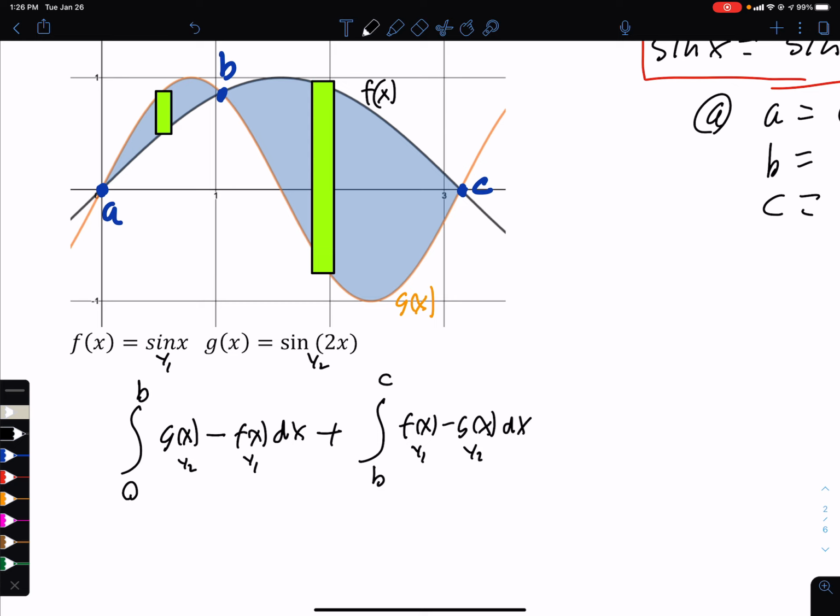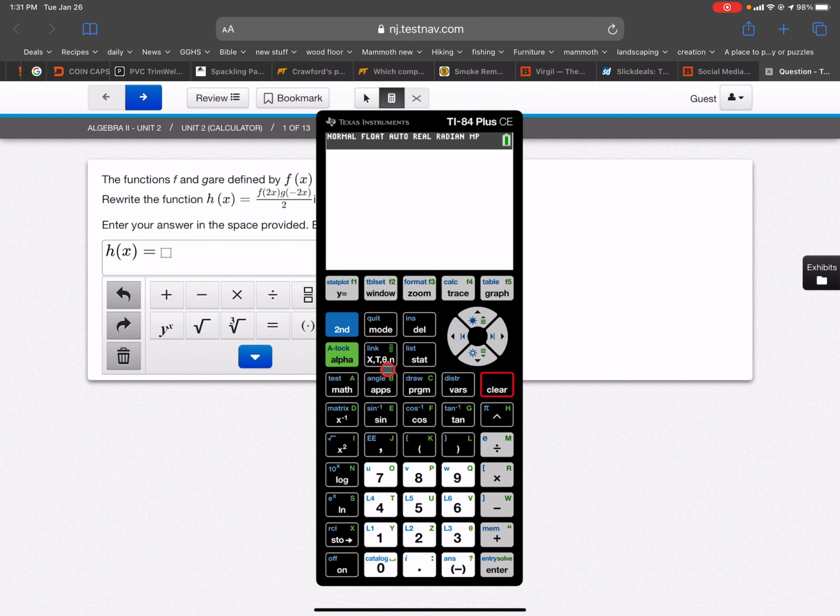And this will all be done on your calculator. So we'll enter this in the calculator. So I have my functions there. So the first part, hopefully I have it written down right. It's going to be math 9 to get integral.